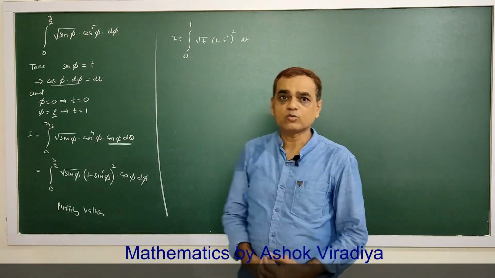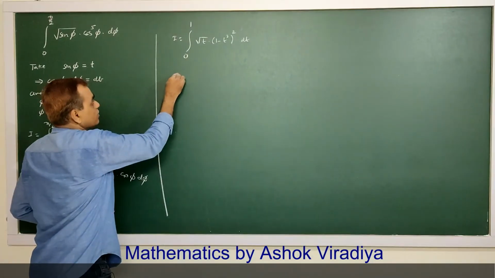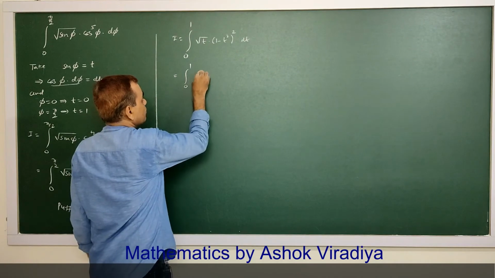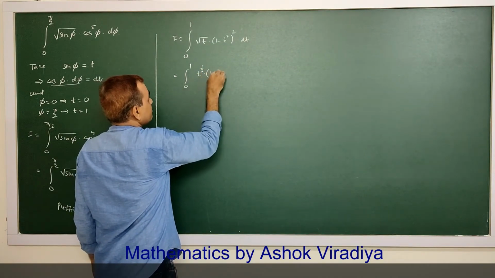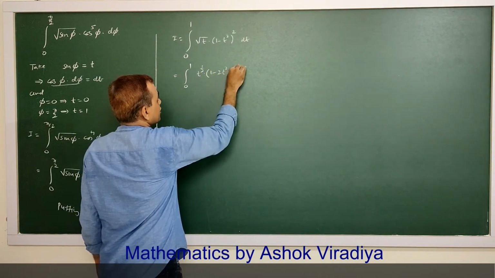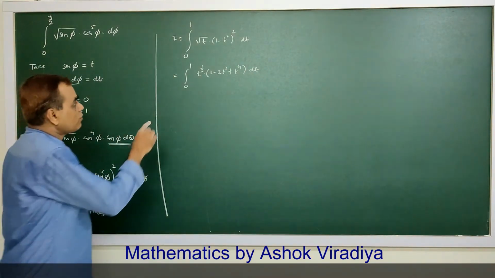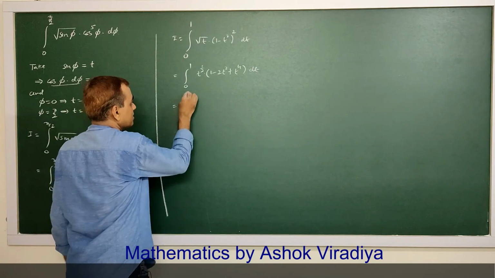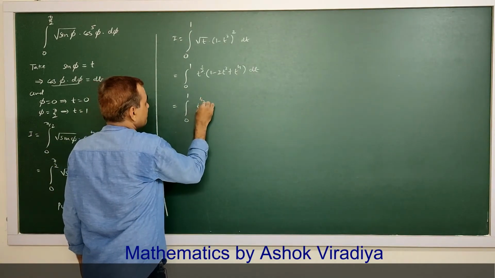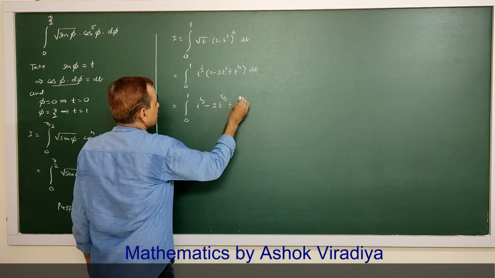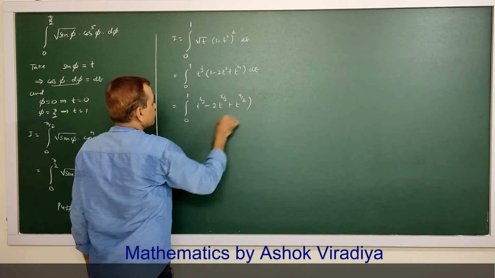So it is equal to the integral from 0 to 1, t raised to half, into 1 minus 2t square plus t raised to 4 dt. Now expanding this, it is t raised to half minus 2t raised to 5 by 2 plus t raised to 9 by 2 dt.